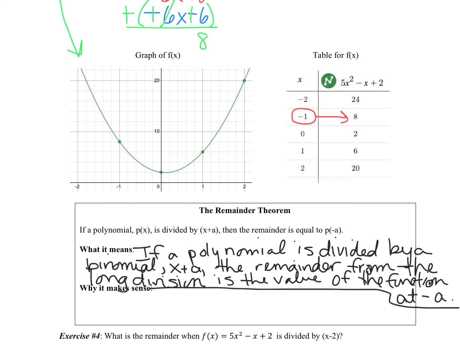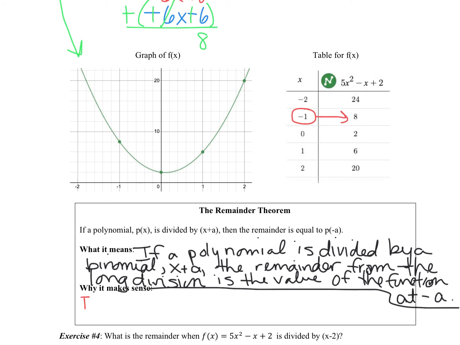Now, why does this make sense, right? We kind of already talked about this. I want you to come up with your own words for this, but what you could write is something like, if x plus a was a factor, p of negative a would be 0. The remainder is how far off it is.